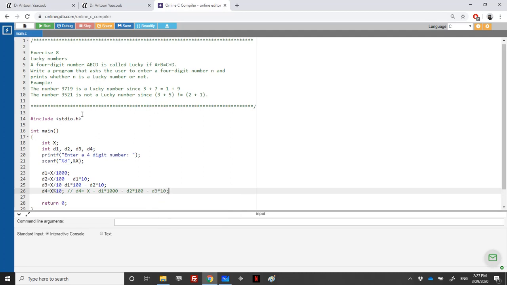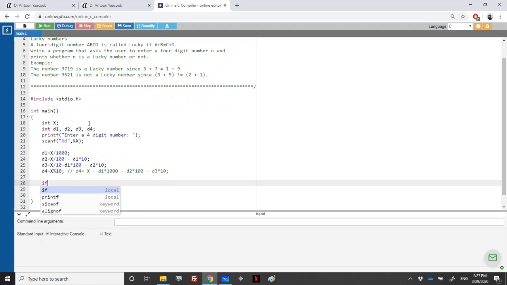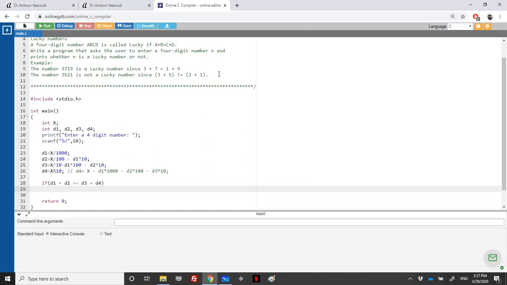At the end we need to check if the sum of the first 2 digits is equal to the sum of the third and fourth digits. If d1 plus d2 is equal to d3 plus d4, it means that the number is lucky. So let's print it. Printf the number, here we'll place %d and we'll place here x, is a lucky number since %d, the first digit d1 plus d2 is equal to 3 plus 4.